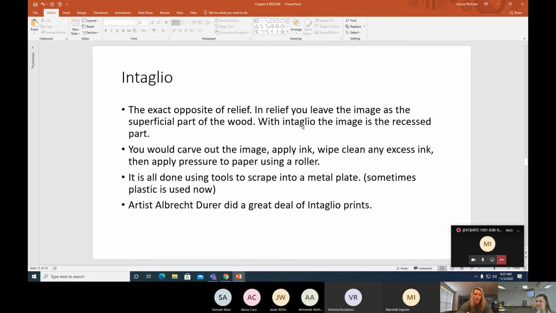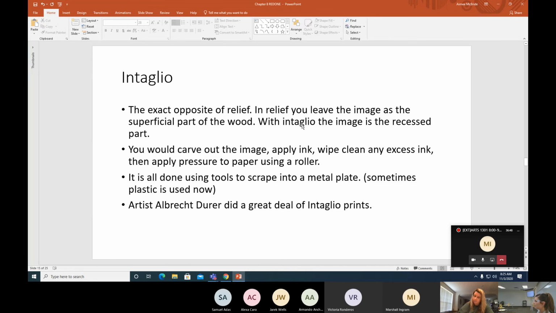So that takes us to intaglio. Intaglio is, instead of using wood, you use a metal plate. And also, instead of leaving your image out, like your woodblock print, you're going to carve your image into or have a recessed image in your metal plate.